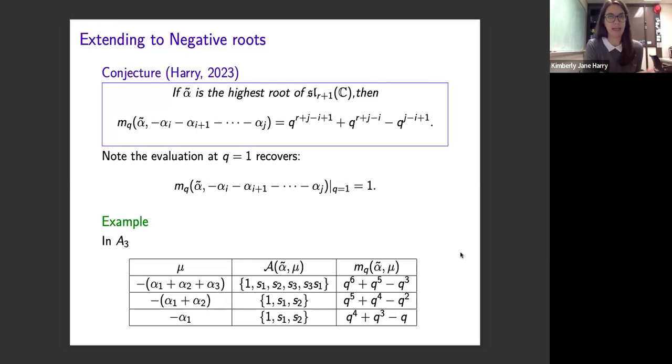If I have the negative highest weights, I can tell you the elements of the alternation set, and you can also see that I do get this 3-term q polynomial, and it satisfies the above. And the same thing with a negative alpha 1 plus alpha 2. You can see the same way how the exponents of my variables change with each of them.